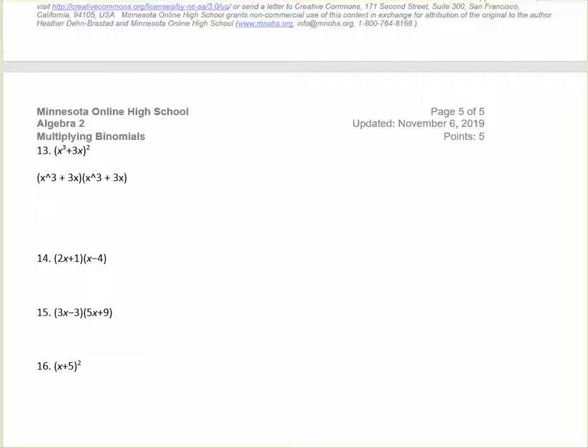So now you can multiply your first times first, your outer times outer, your inner times inner, and your last times last. And if you are multiplying x cubed, x to the third, times x cubed, the rule says that when you are multiplying like bases, you add their exponents. So when you do that part, you would get x to the sixth.